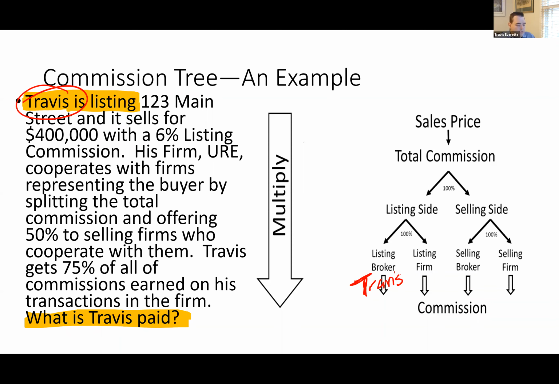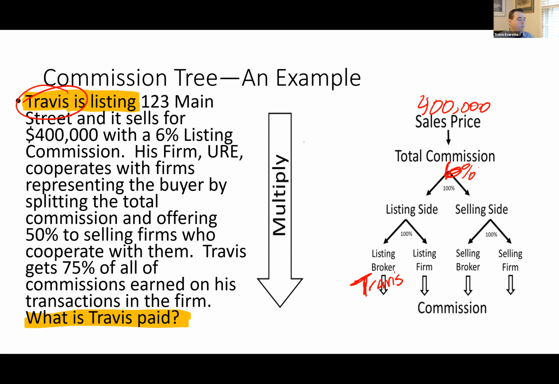Travis is listing 123 Main Street and it sells for $400,000. Well, I know the sales price goes up here at the top. There's my $400,000 sales price with a 6% listing commission. That is the total commission, and that always goes right here, 6%.